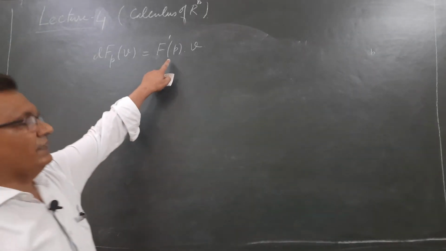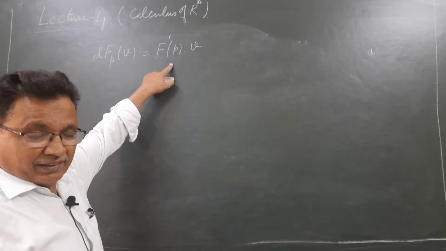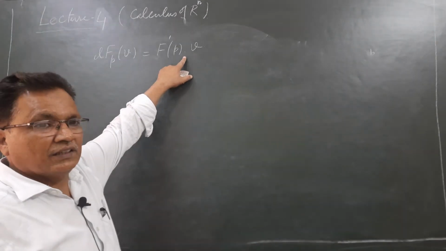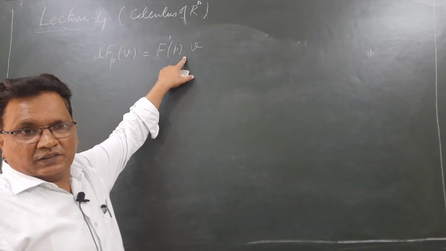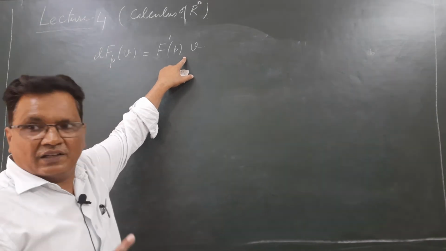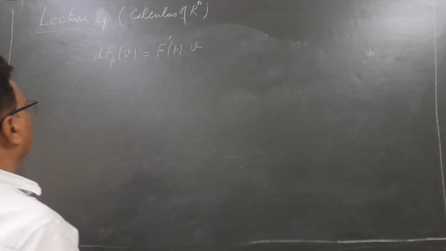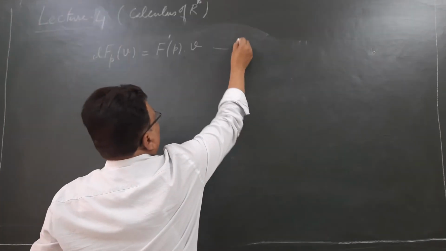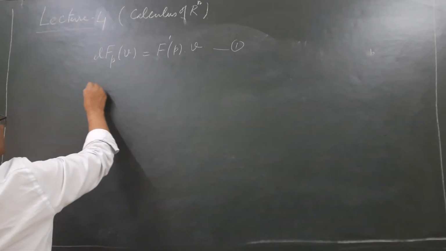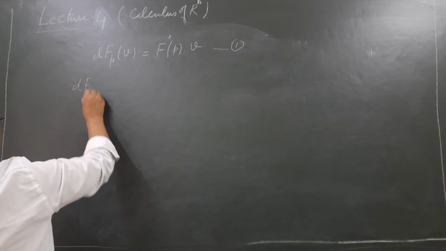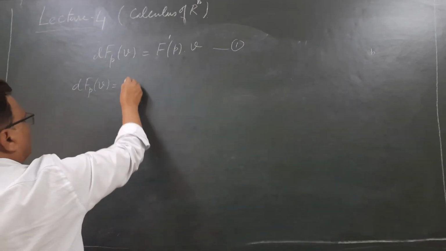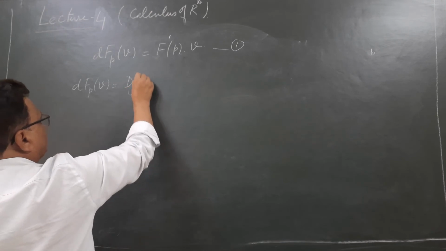F dash p is a matrix, and V is a vector, and this product is the matrix product. Okay, I am putting a dot, but this means a matrix product. This is number 1. And relation number 2 is dfp(v) is also equal to dvf(p).